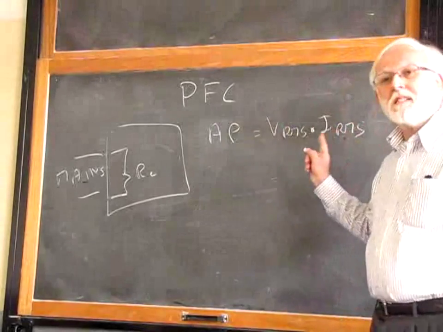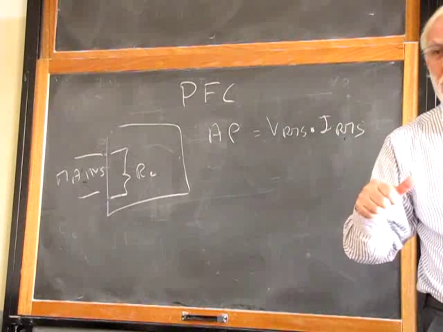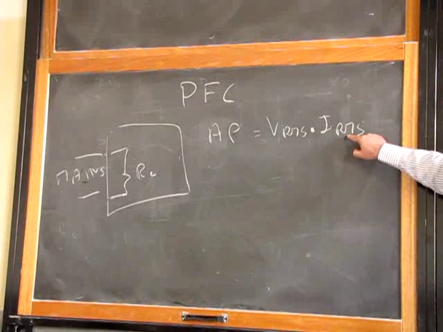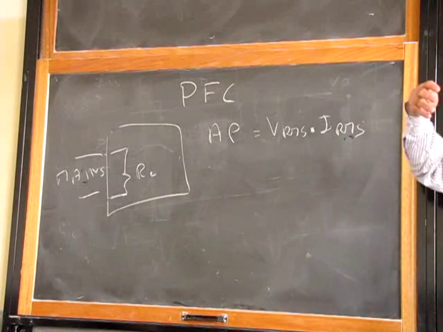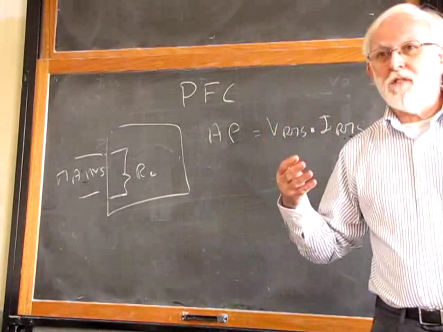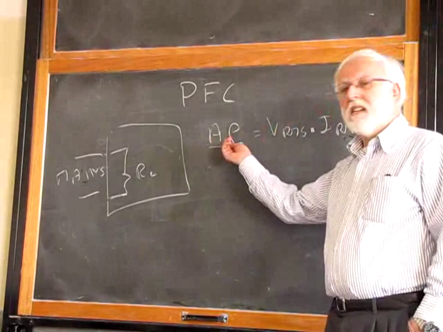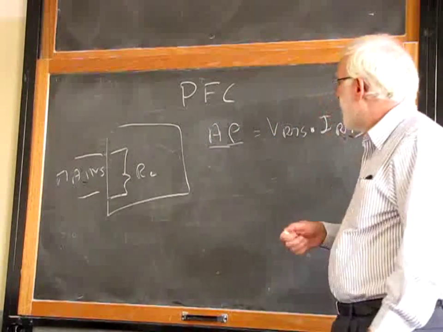And in this RMS current there is both the 50 Hz or 60 Hz fundamental frequency and all the harmonics. So you have a larger RMS current that makes your transmission line waste power, heating up, and loads your transformers. But this is just apparent power. It's not the real, true power.